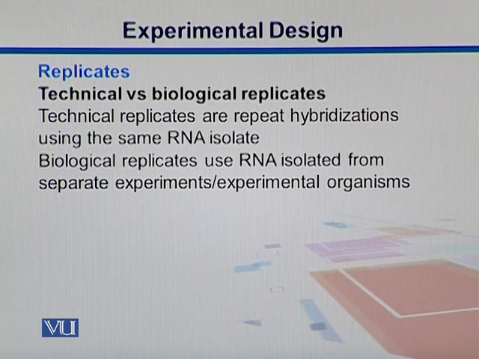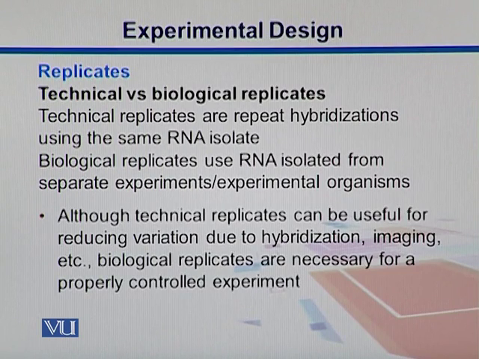Whereas biological replicates use RNA isolated from separate experiments or separate organisms. For example, we are extracting our RNA from 2 different humans or 2 different plants. In that case, they are biological replicates.